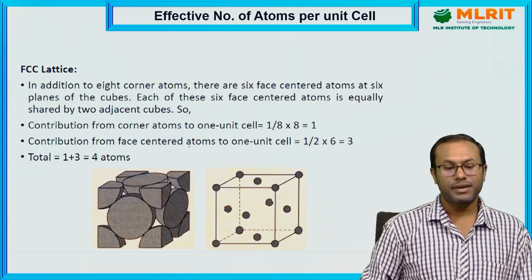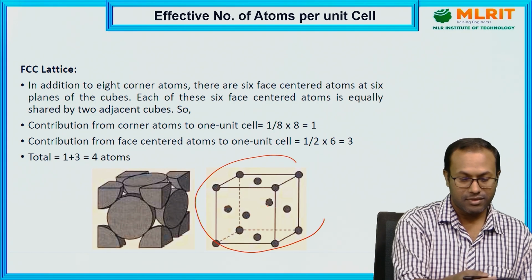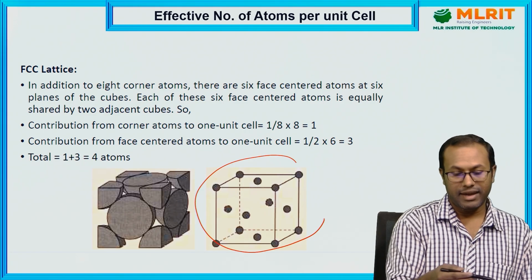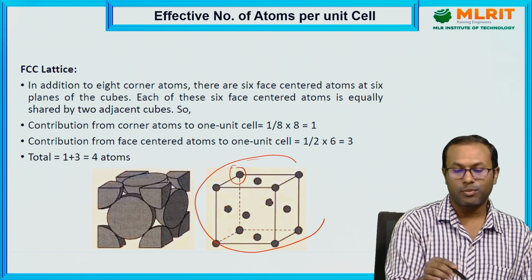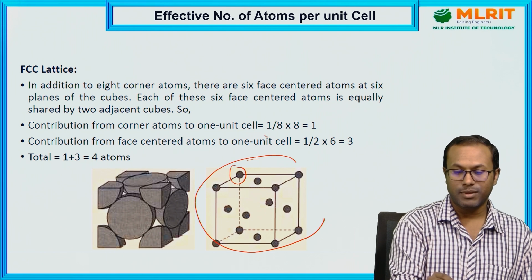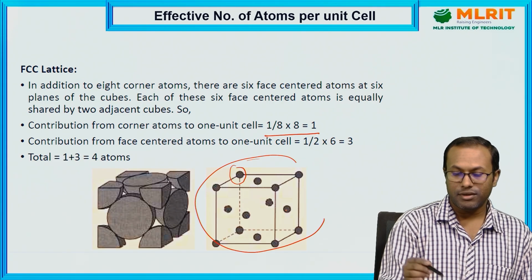Now in the case of face centered cubic, this is the structure, and these are snapshots from the inner diagram. There are 8 corner atoms, and each is shared by 8 consecutive cubes, so the effective number is 1. There are also atoms on each face.